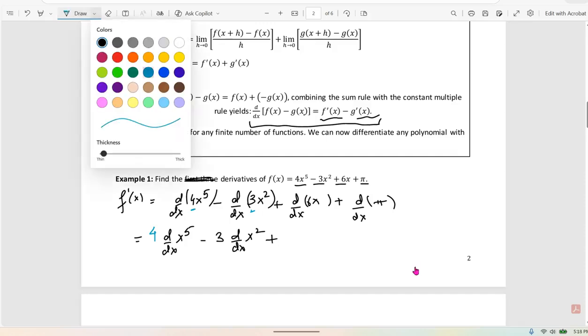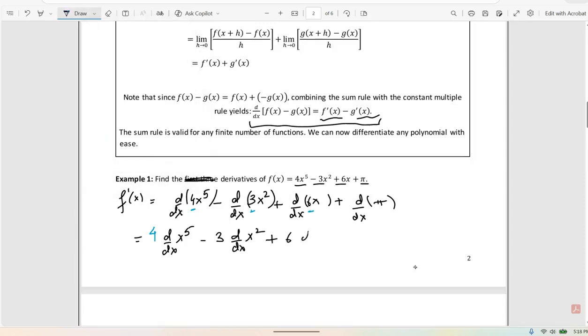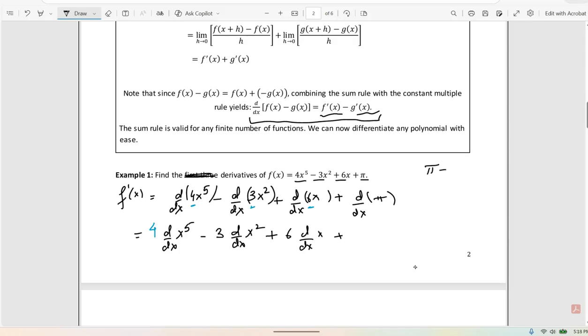Plus 6 is just a constant multiplier, so 6 can come out, the derivative of x. Plus pi is just a constant always, right? Pi is a fixed number, so the derivative of pi will be just 0. Do you guys understand that?